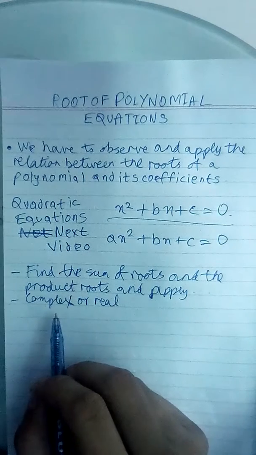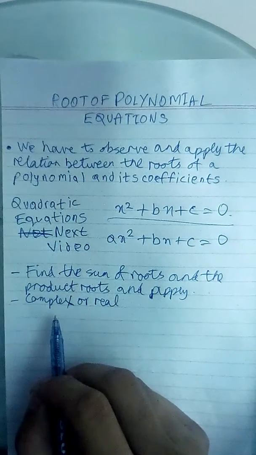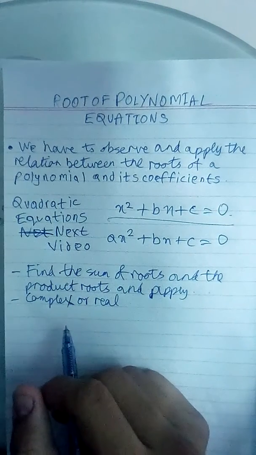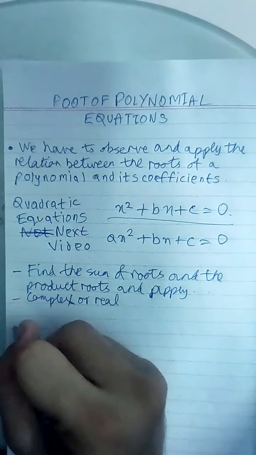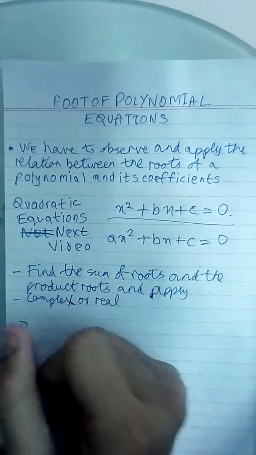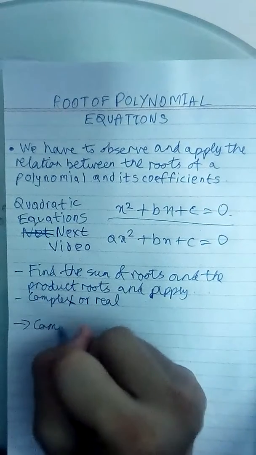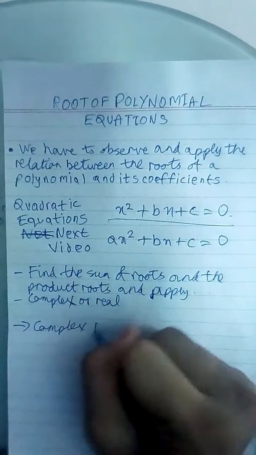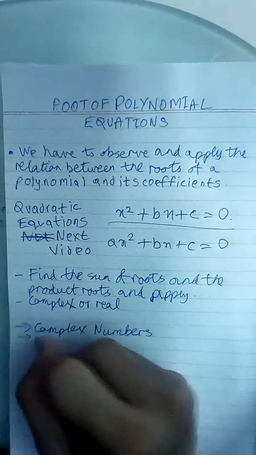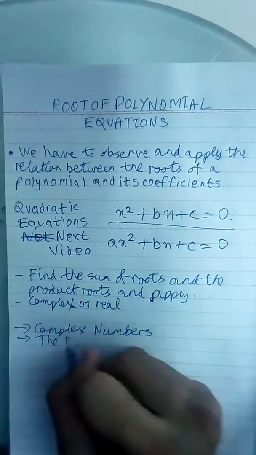But in simple cases, the complex roots are those where the roots are not real. For that, what prior knowledge would be required? The prior knowledge required would be complex numbers and the fundamental theorem of algebra.